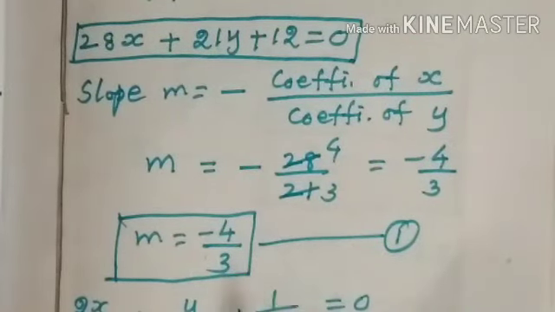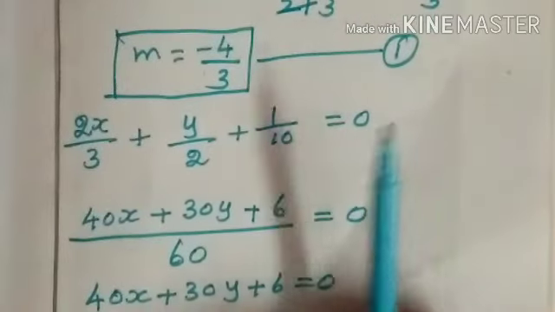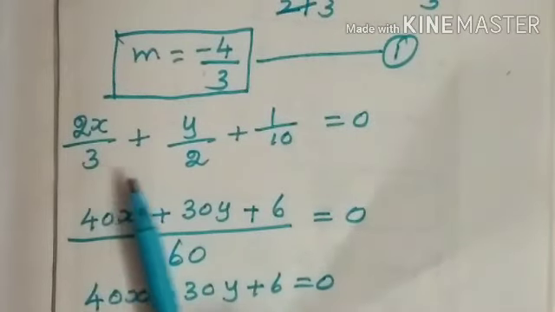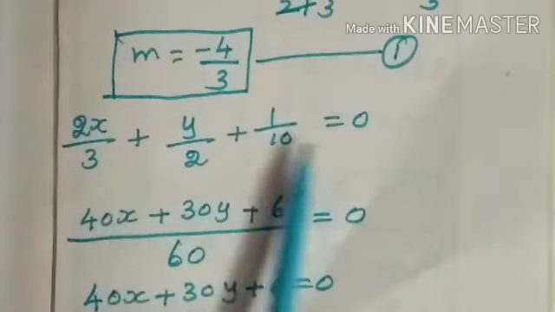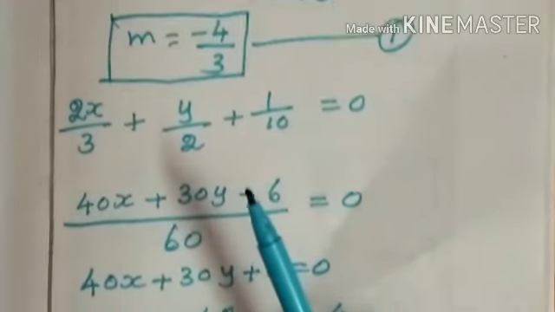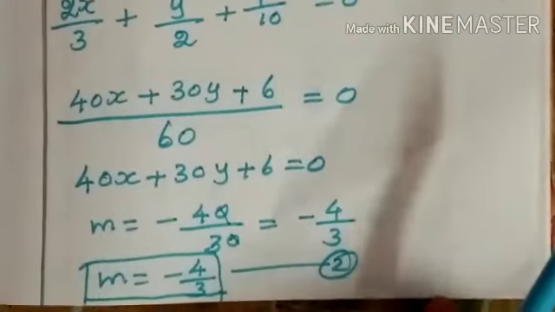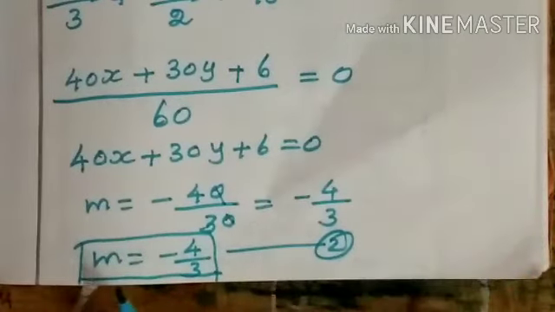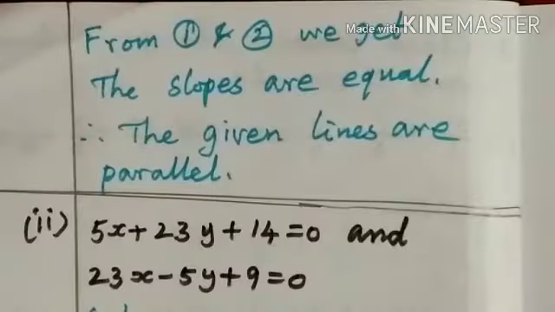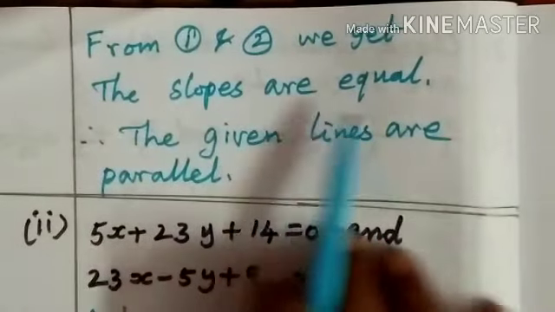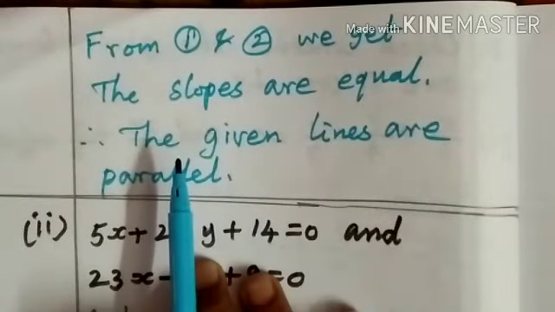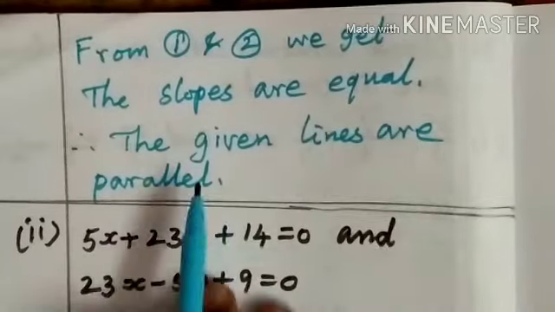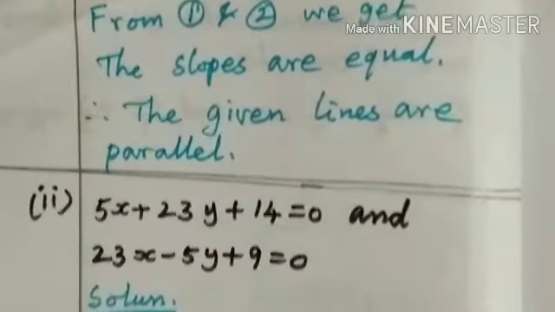Let us keep this as answer number 1. Then take down and write the second given equation. This also you have to change into the standard form. Applying the formula, we get slope m is equal to minus 4 by 3. Let us keep this as answer number 2. From 1 and 2 we get the slopes are equal, that is minus 4 by 3. Therefore, the given lines are parallel.